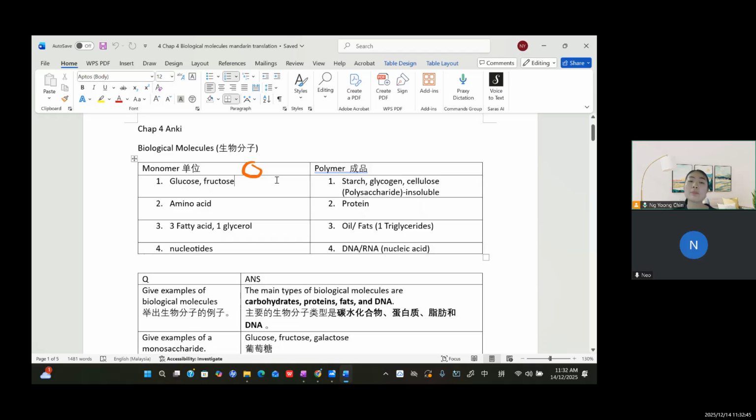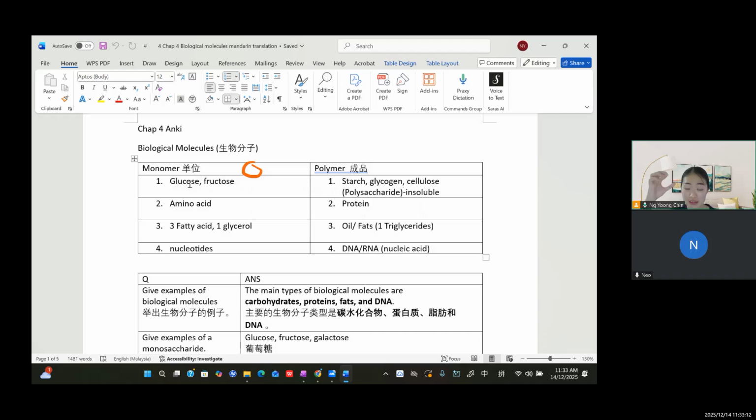And then the monosaccharides, the monomers, glucose and fructose. Are they soluble in water? What do you think? Yes. And why are they soluble in water? Why can those monomers, glucose and fructose, dissolve in water?